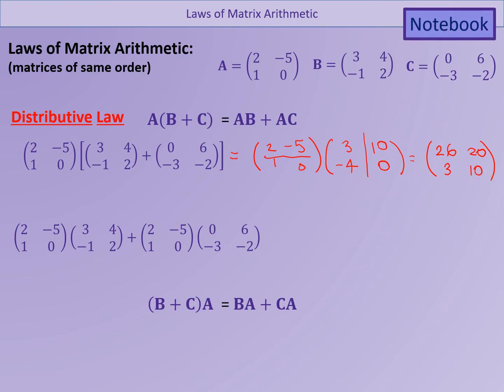Now let's compare. So the first matrix, and we'll have plus the second matrix once we've worked out that multiplication. So I'm going to draw my lines going across for each one. So the first one then, 2 times 3, we have 6. 6 plus 5 is 11. And we have 8 minus 10 is minus 2.